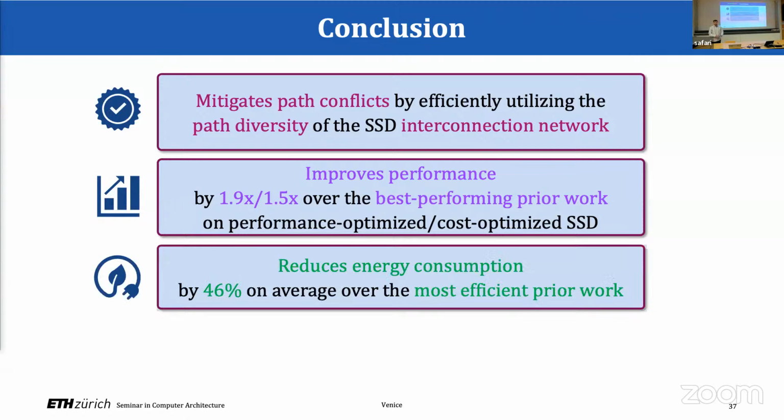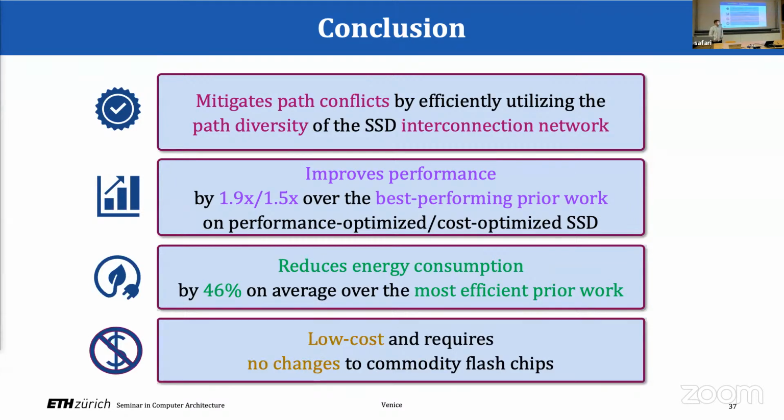And it also reduces energy consumption by 46% on average over the most efficient prior work, and therefore can reduce path conflicts very effectively. It's also low cost and requires no change to commodity flash chips, which is also a big plus when you're looking at implementing it in the real world.